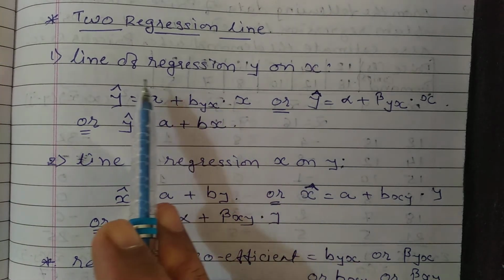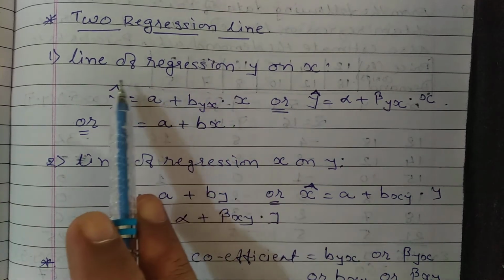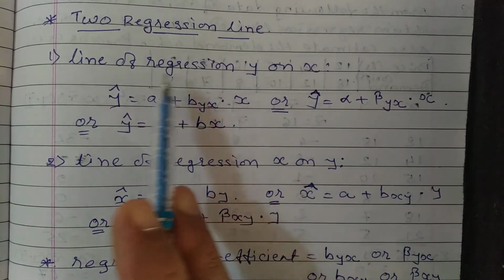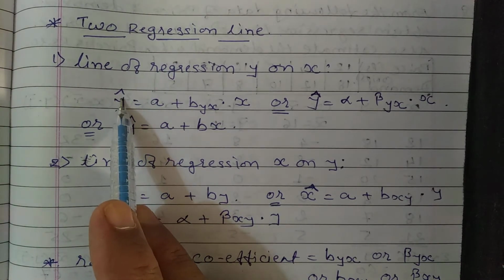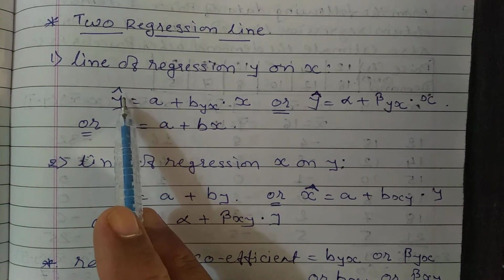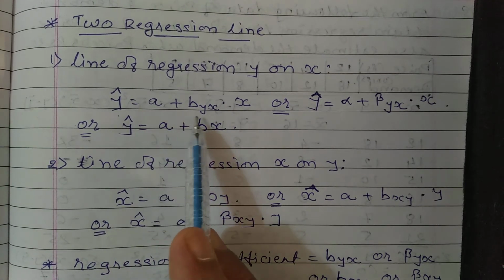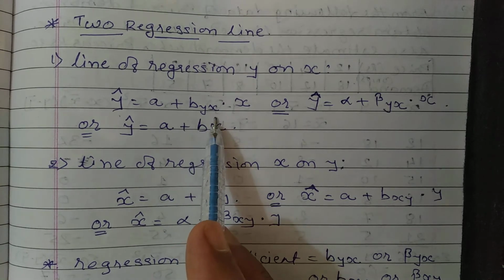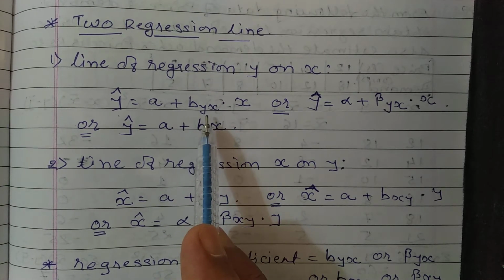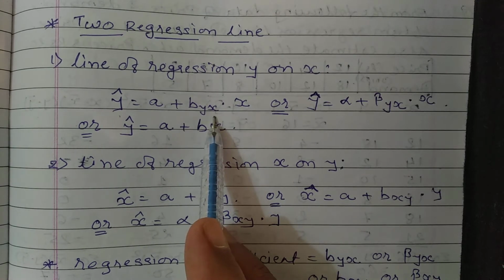We are supposed to formulate these values in an equation, which is called the line of regression, and the estimate is denoted by y cap. Y cap is equal to a plus byx times x. Why byx? Because it is y on x. The line of regression is of y on x, that's why it has been denoted by byx.